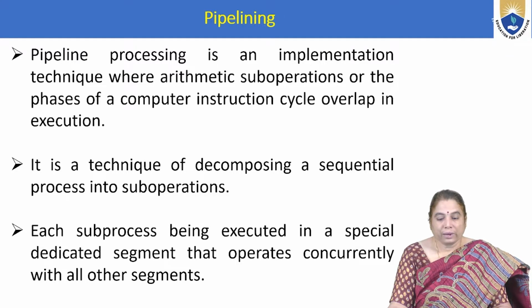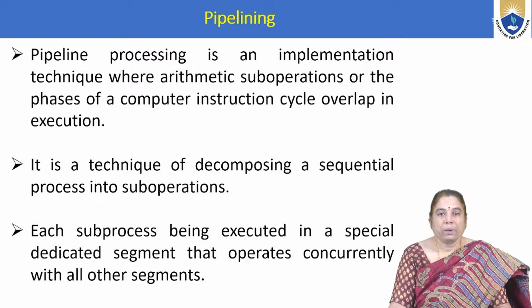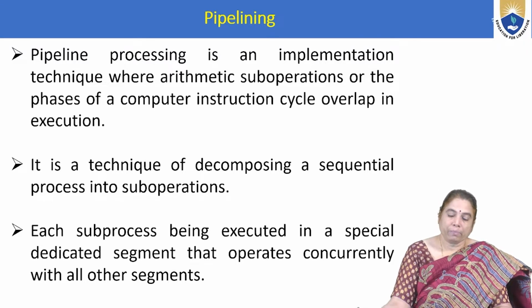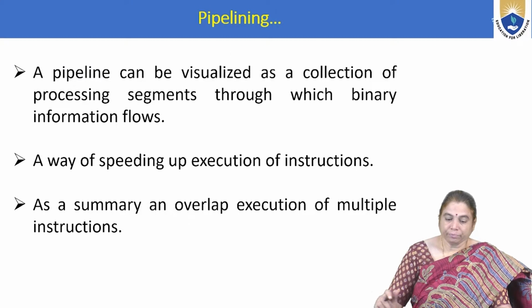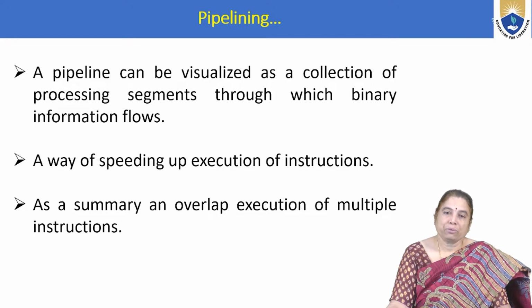It is a technique of decomposing a sequential process into sub-operations, each sub-operation being executed in a specialized dedicated segment and operated in parallel with the other segments of the pipeline. A pipeline can be visualized as a collection of processing segments through which binary information flows.